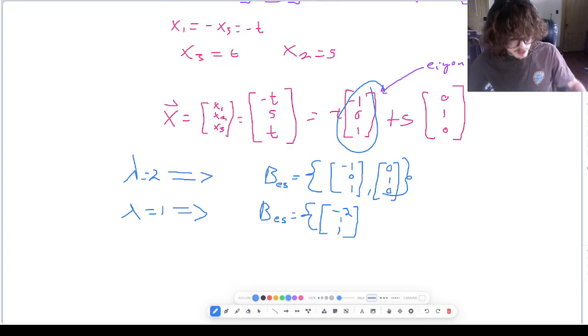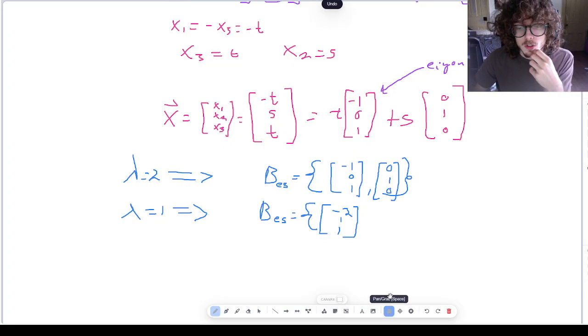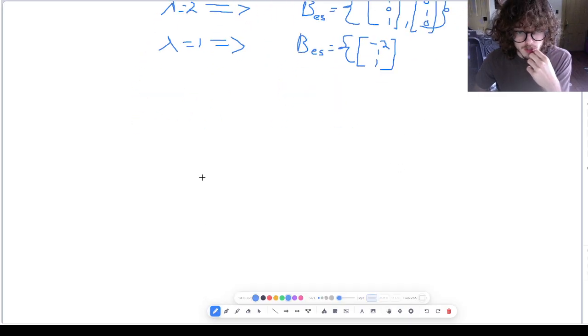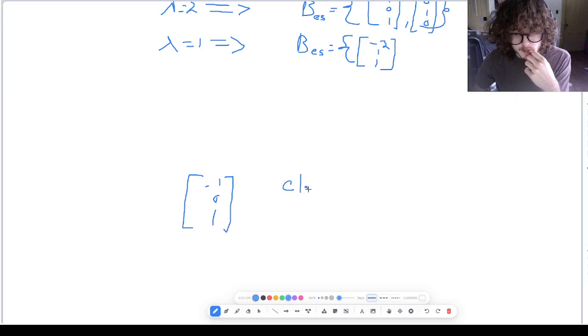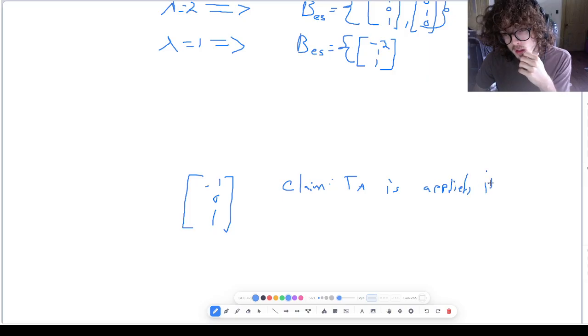So we're going to take specifically this vector out and investigate it, because in math, it's good to look at what you're doing and see if it's true. So let's take the vector negative 1, 0, 1, and our claim is that when T A is applied as a transform, it is only scaled.